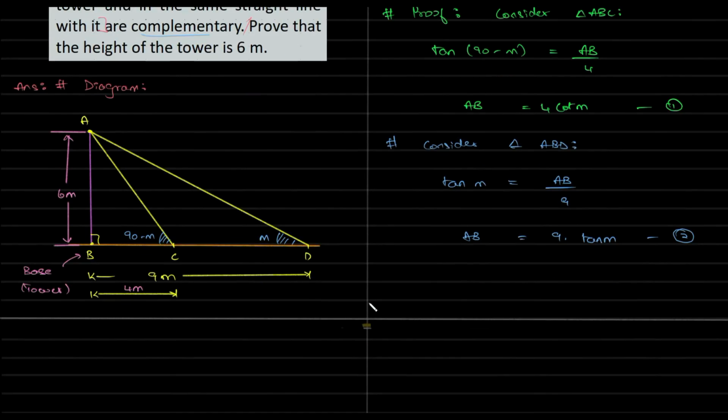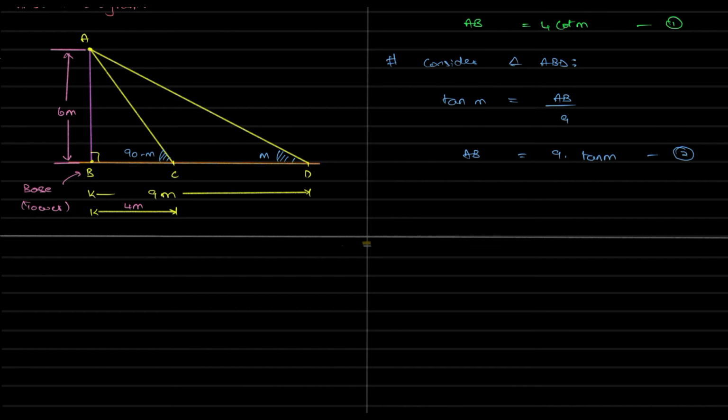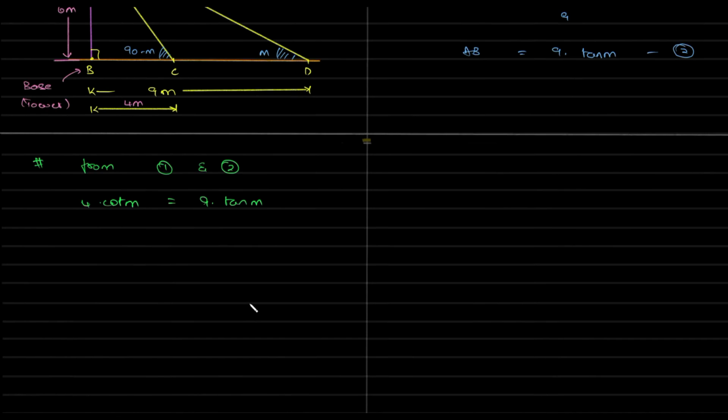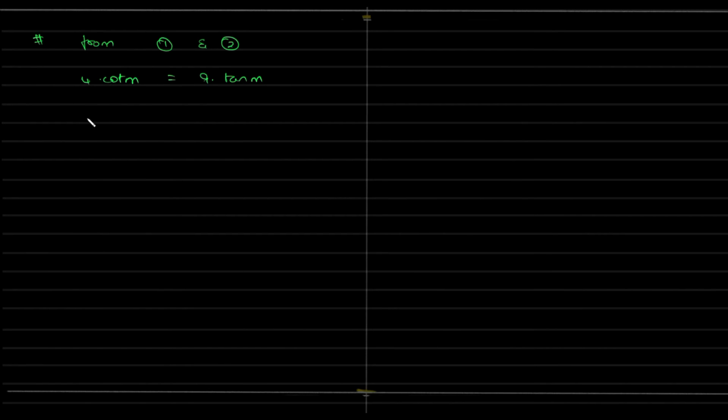So from this, we can get an expression for tan M. How? See, both are equal to AB. From 1 and 2, we have 4 times cot M is equal to 9 times tan M. So we have 4 by tan M is equal to 9 times tan M. Cross multiply: 4 by 9 is equal to tan M into tan M, that is tan square M. It's the same thing as a into a, which is a square.